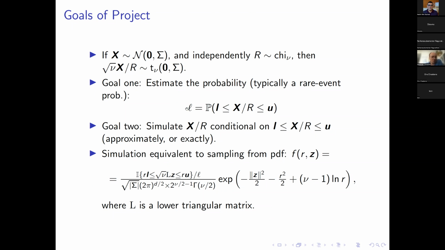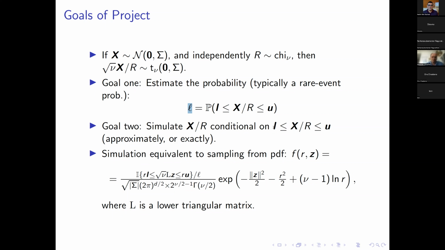Okay, so the first goal is to estimate this L, and the second goal is to simulate this random variable X over R, the multivariate student variable, conditional on lying in this set. We try to do this either approximately or where possible exactly.